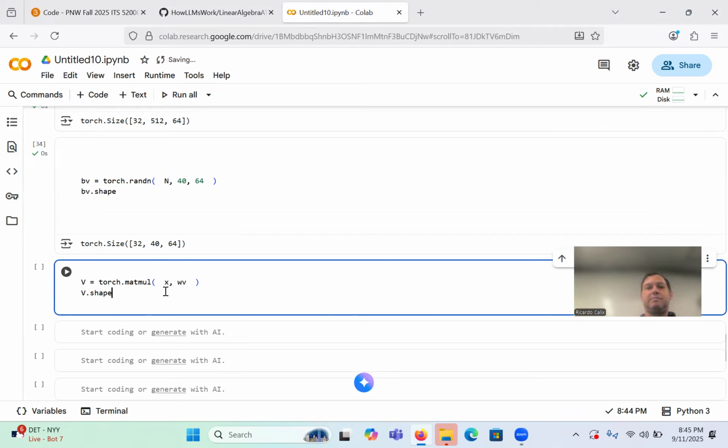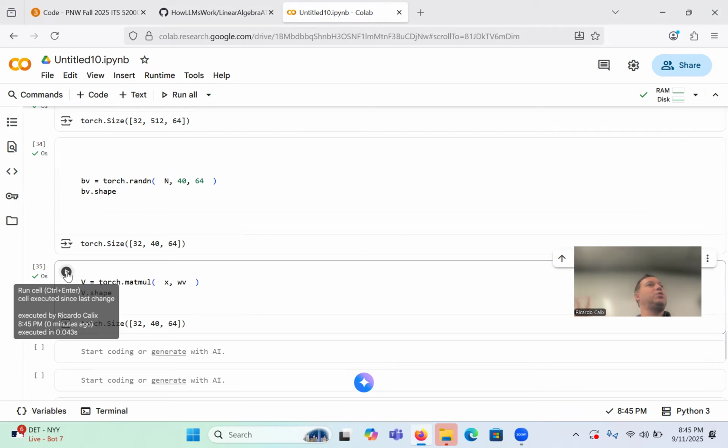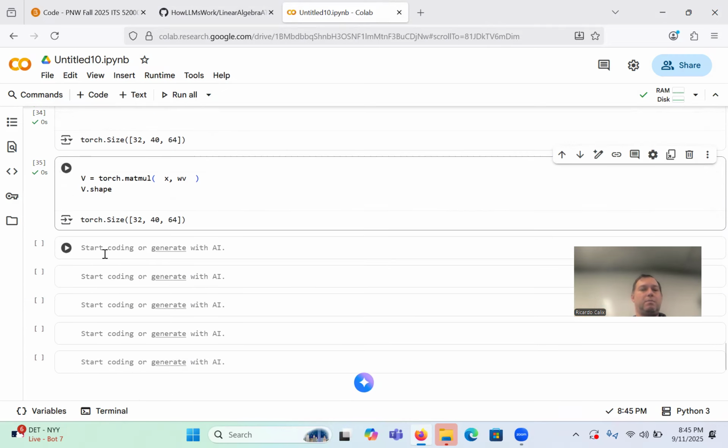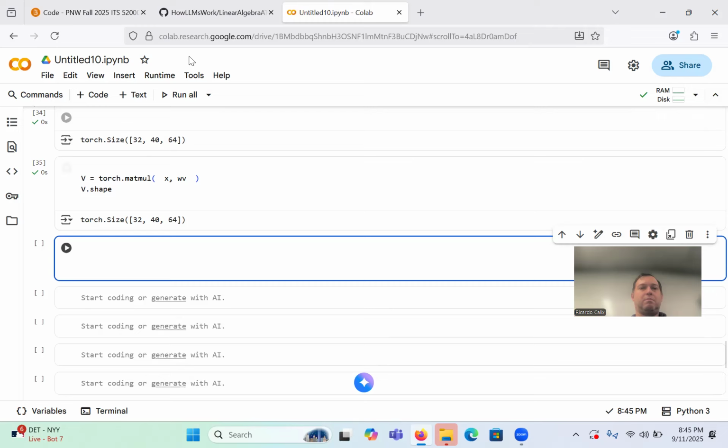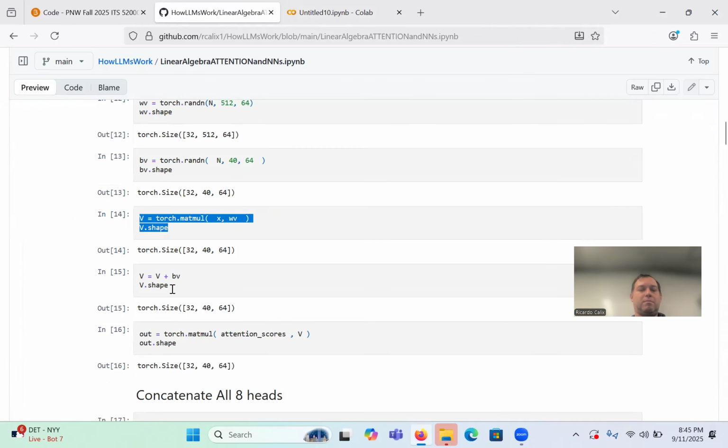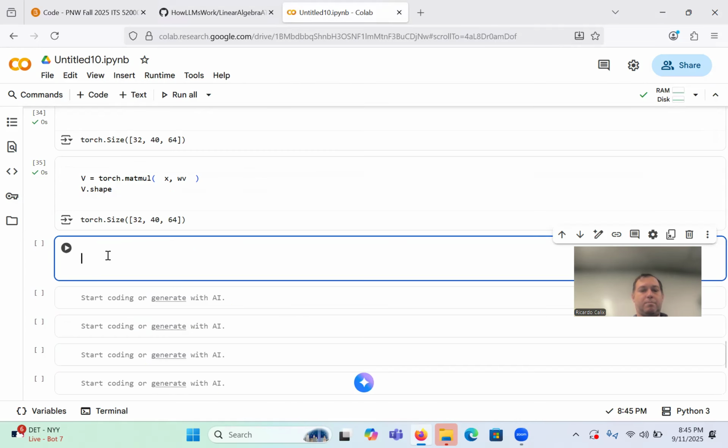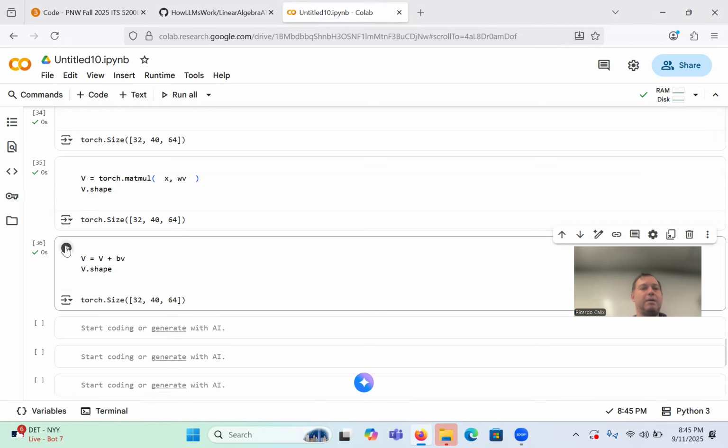Once again, X, right? I take the X's originally, the weight matrix, and produce my new V, just like I created Q and K. I create V now. I add the bias. And now my V is ready.